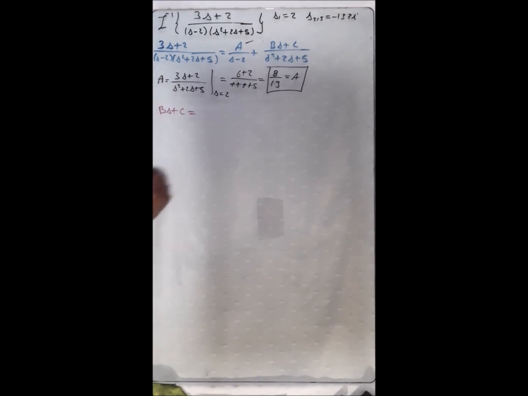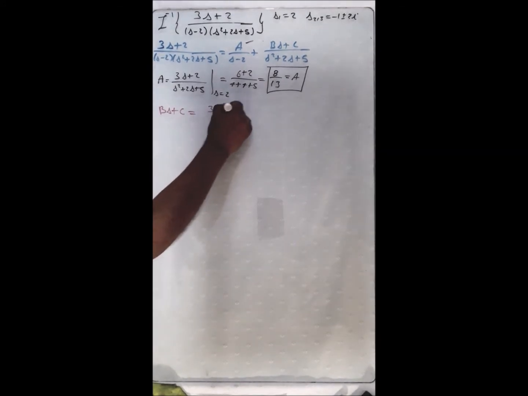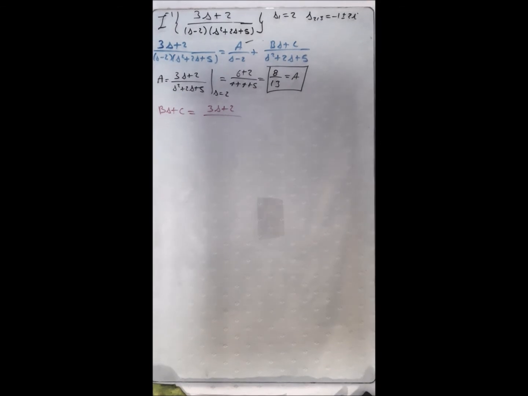Okay, now for the other, let's use the same Heaviside method, but here you have to replace the value of the imaginary root. So be careful on this, because you are going to deal with complex operations. So Bs plus C is going to be equal to 3s plus 2, and for that you are going to eliminate this part of the fraction, which corresponds to this.